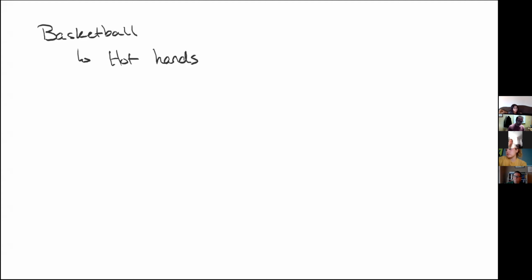The idea behind hot hands is that someone on the team is shooting really accurately, playing really, really well. Some people will say, so and so has hot hands, we want to give them the ball.